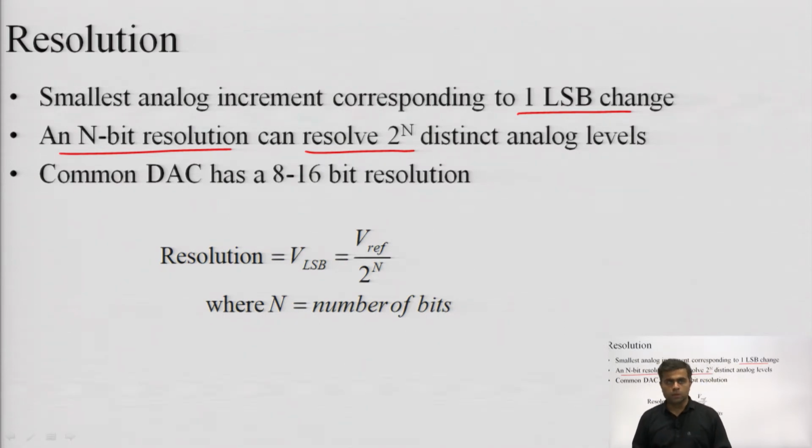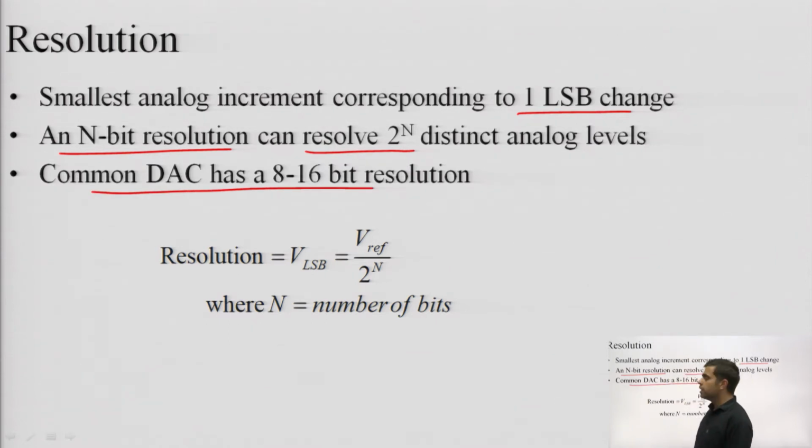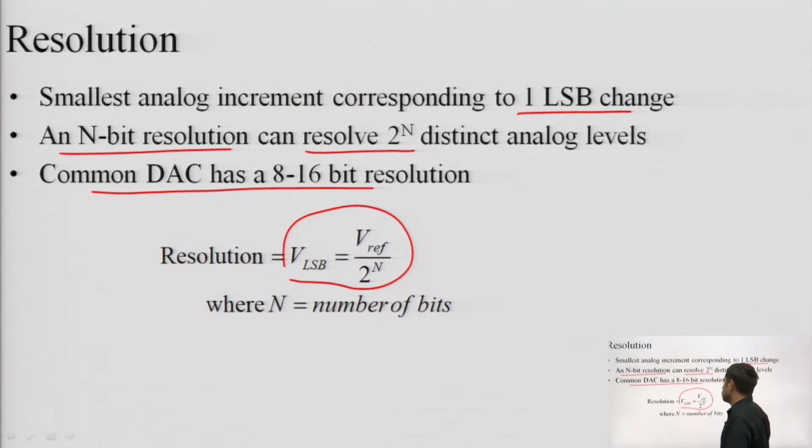So the common DAC has an 8 to 16 bit resolution. Generally, whenever we are converting a digital value into an analog value, we have a minimum of 8 to 16 bit resolution. So resolution can be mathematically defined by this formula: VLSB, the voltage corresponding to the least significant bit, is equal to Vref divided by 2 raised to power n.